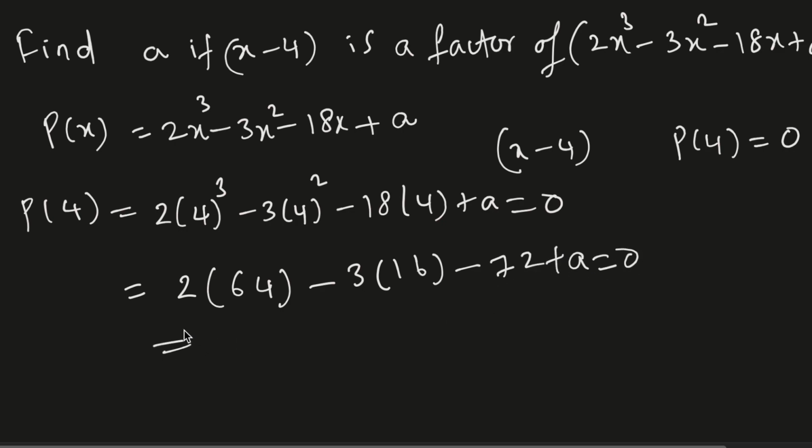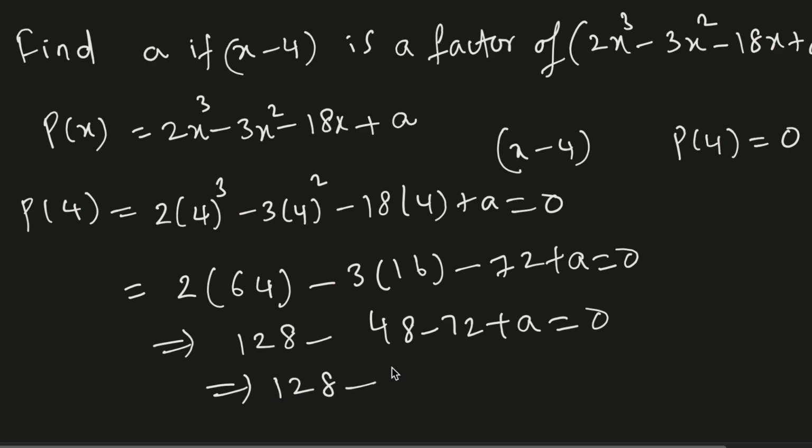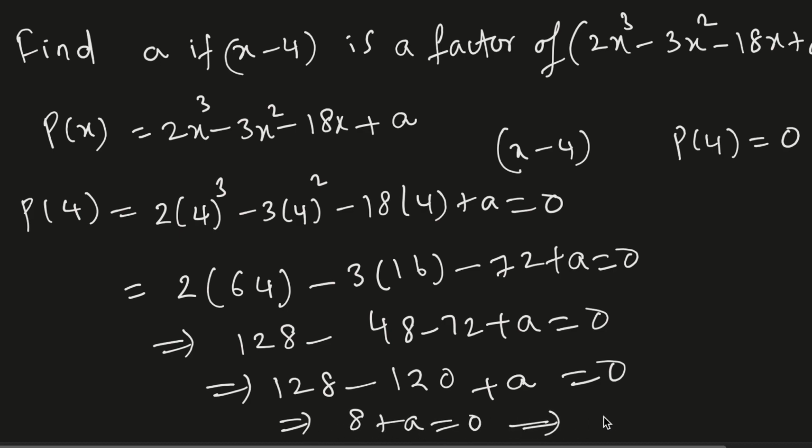This implies 128 minus 48 minus 72 plus a is equal to 0. This implies 128 minus 48 minus 72, it is 8, plus a is 0. a is equal to minus 8.